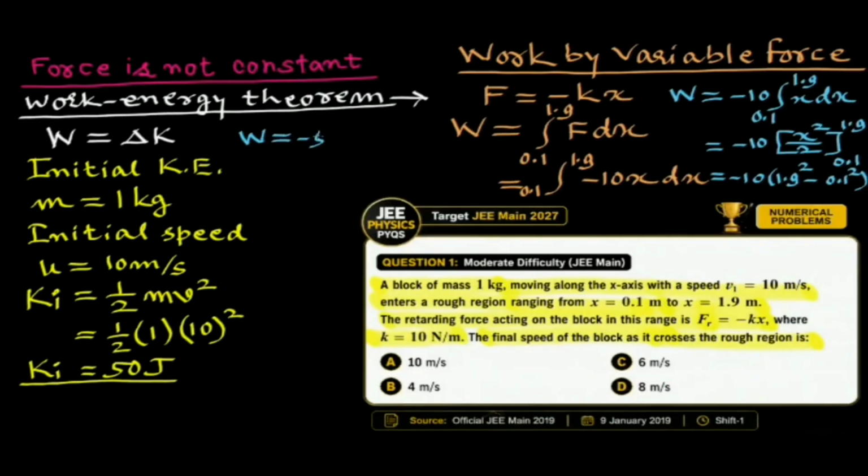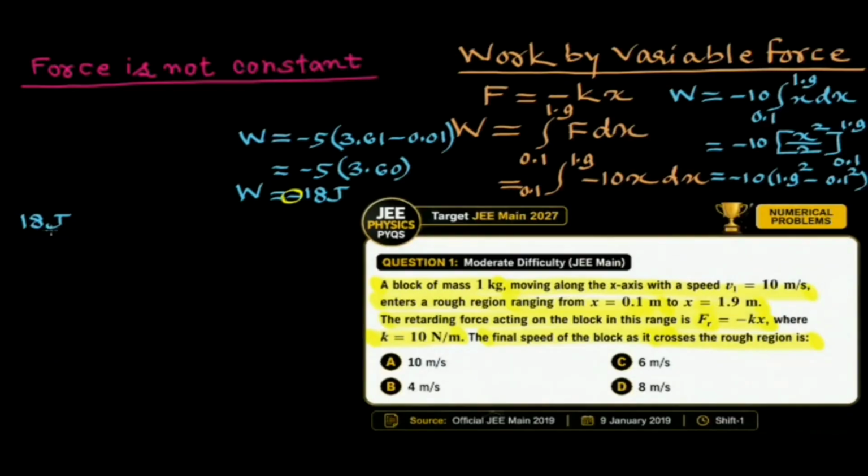W will be minus 5 into (3.61 minus 0.01), which is minus 5 into 3.60. W will be minus 18 joule. Notice the negative sign. The force opposes motion, so it removes 18 joules of kinetic energy.